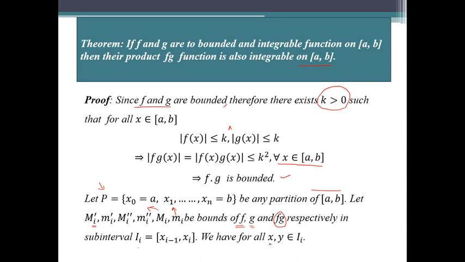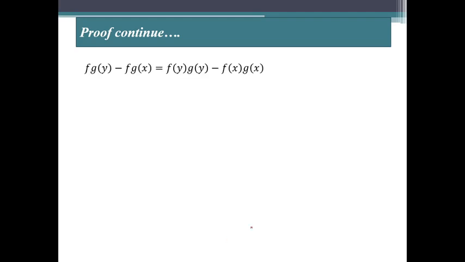Hence for all values x and y belonging to this i-th subinterval, the value of (f into g)(y) minus (f into g)(x) will be equal to f(y) into g(y) minus f(x) into g(x). Now we add and subtract f(x) into g(y) in this term.